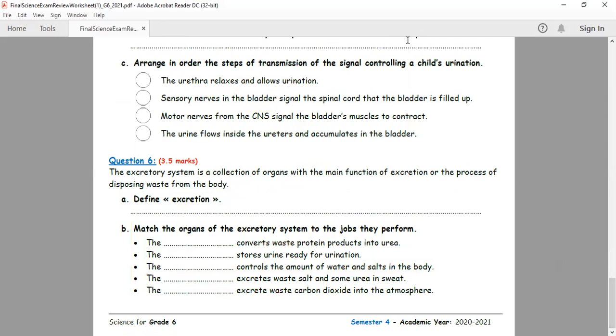Last question now. Match the organs. The excretory system is a collection of organs with the main function of excretion, or the process of disposing waste from the body. What's excretion? You can take the definition from the text. What do we mean by excretion?